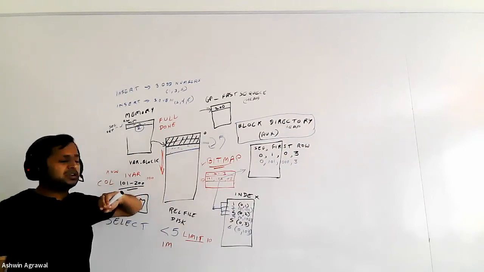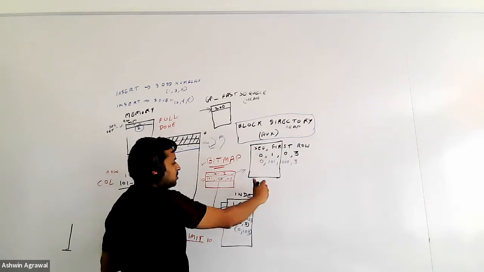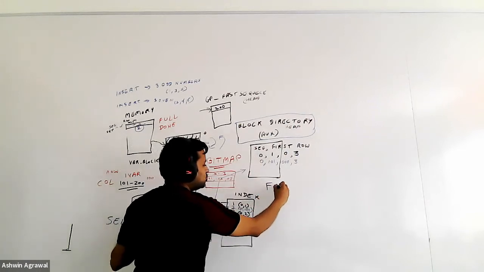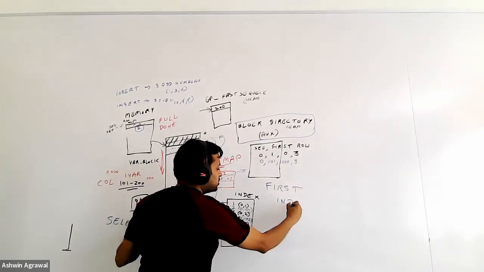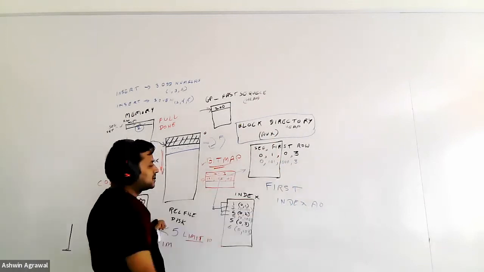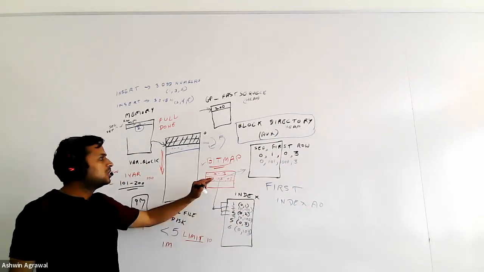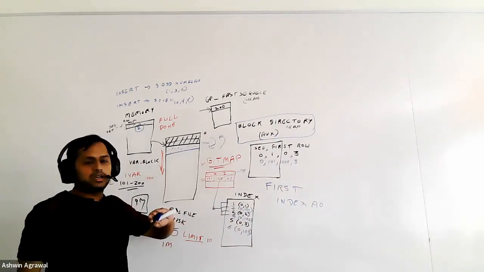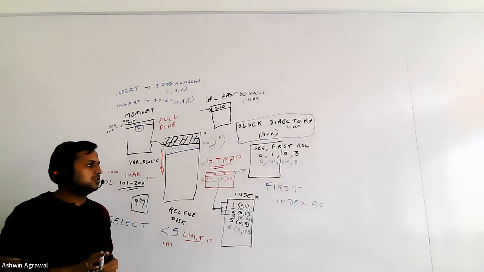That's the reason it's currently optimized so that the block directory is created on first index creation on an AO table. If you never create an index on an AO table, the block directory is not even created at all. That's one of the good things as of now in the code.